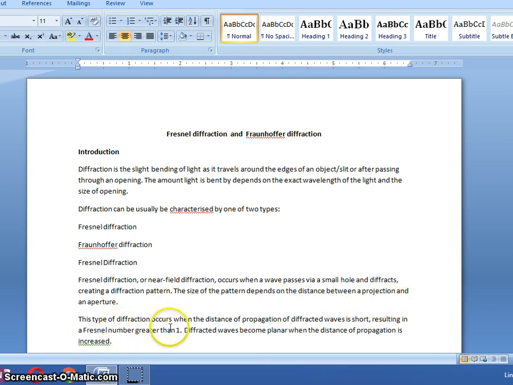This type of diffraction occurs when the distance of propagation of diffracted waves is short, resulting in a Fresnel number greater than 1. Diffracted waves become planar when the distance of propagation is increased.